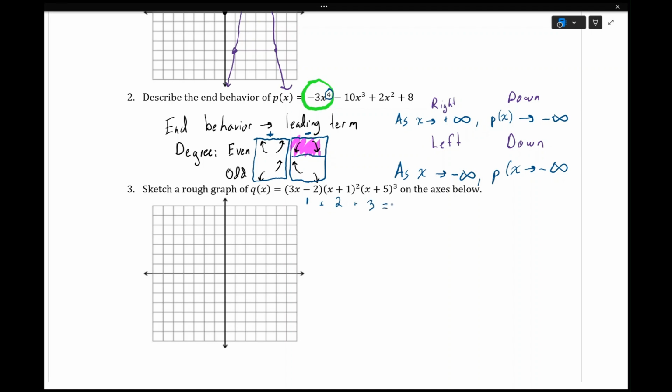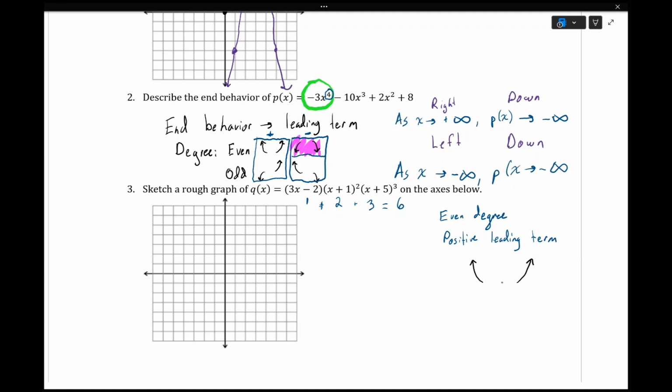So this is a degree 6 polynomial. So it's even degree. And since there's no negatives that'll show up on the x's, it will have a positive leading term. So which one is that?